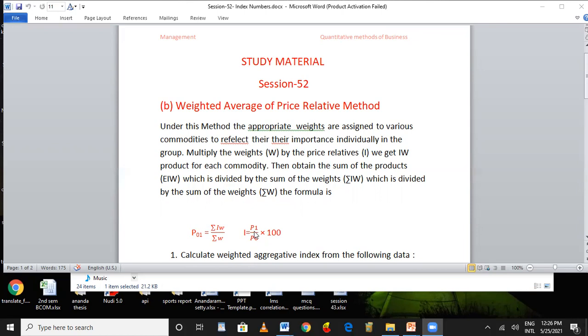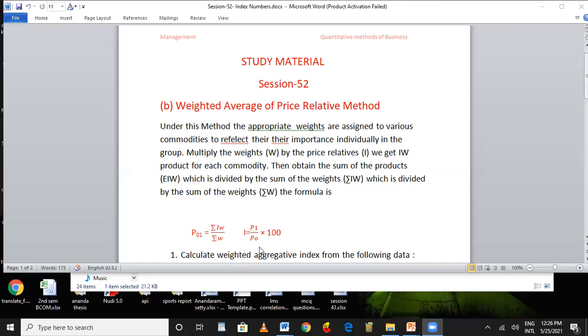P1 means prices for the current year, P0 prices for the base year. P1 divided by P0 into 100 gives us the I, the price relative for each and every commodity.